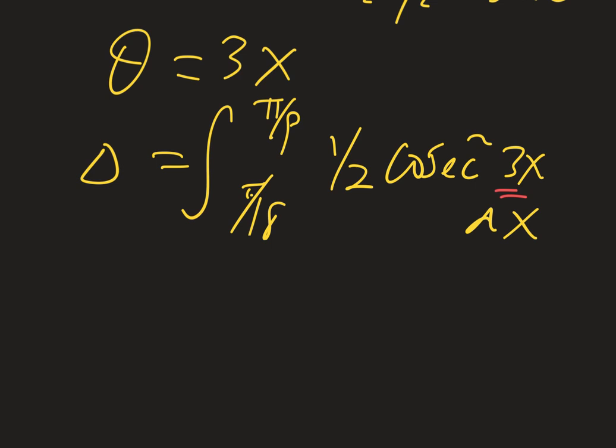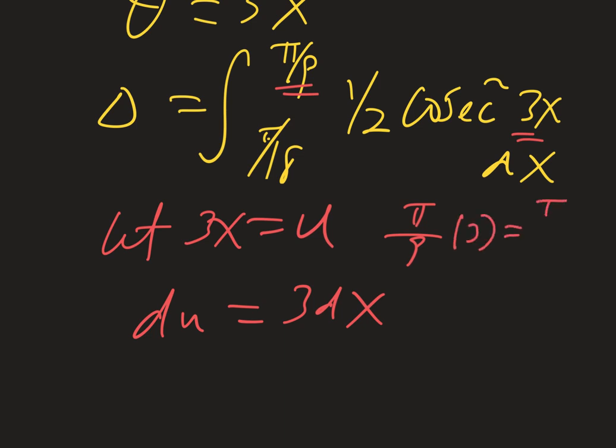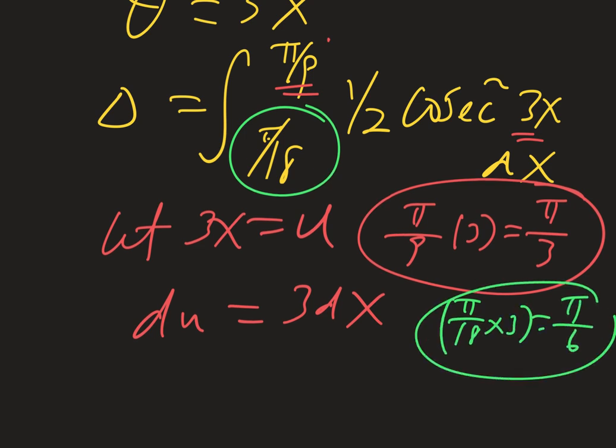Very simple, substitution. Let 3x equals u, du equals 3 dx, right? So pi over 9 for x becomes pi over 3 for u, and pi over 18 becomes pi over 6 for u.